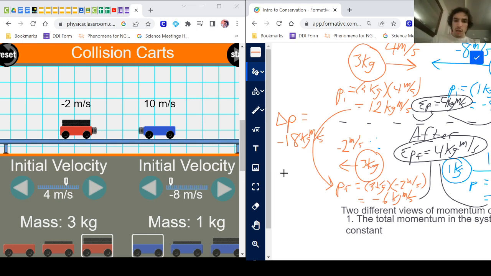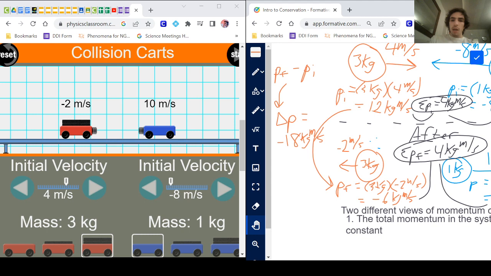And if you're wondering how I got that, it's always final minus initial. So to calculate a change like this, it's just our final momentum minus the initial momentum. So that would be this -6 as our final, -6 kilogram meters per second minus the 12 kilogram meters per second. That's where this number -18 came from.